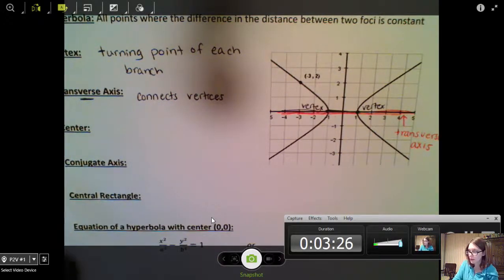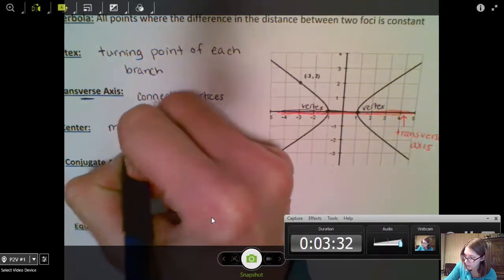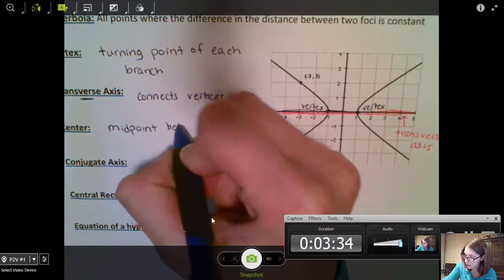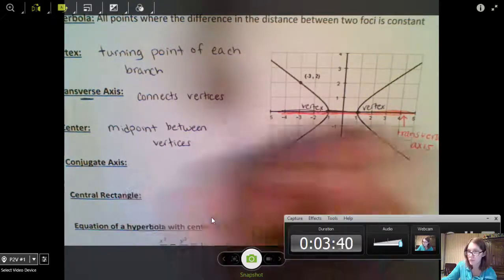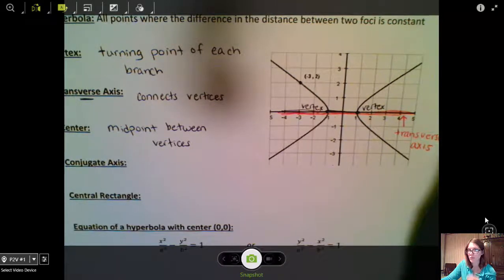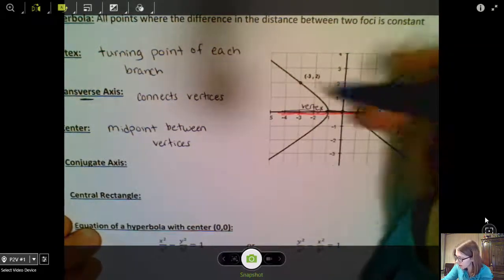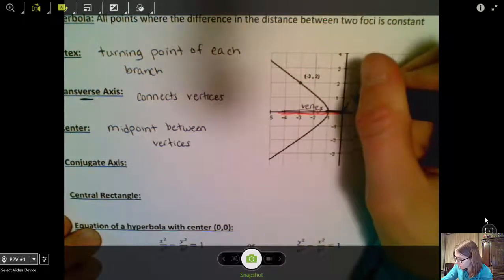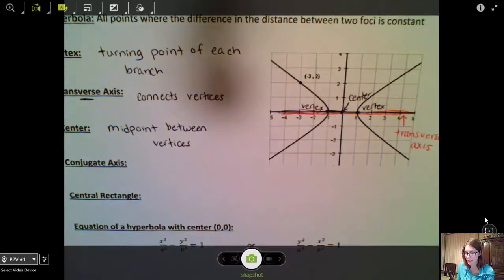Okay, the center of a hyperbola is the midpoint between our vertices. So that is right here, between one vertex and another vertex, halfway in between. This is our center. This little diagram here is about to get pretty messy with our next vocab words.